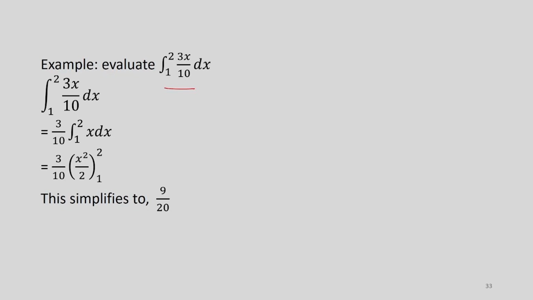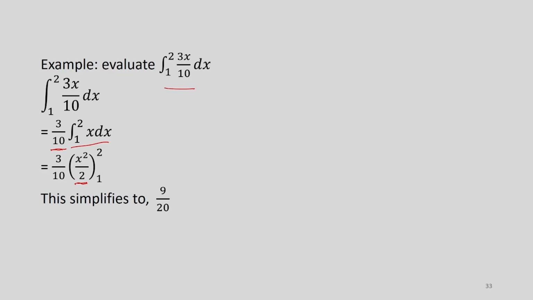Now, how to do that? As we have seen earlier, if there is a constant in the integrand, that can be taken out. Here the constant is 3 by 10, we take that out. So, inside you just have x. And integration of x dx, as we know, is x squared divided by 2, and the limits are 1 and 2.